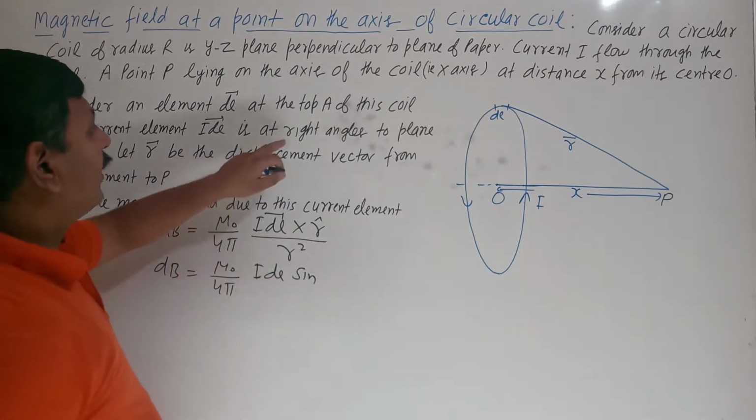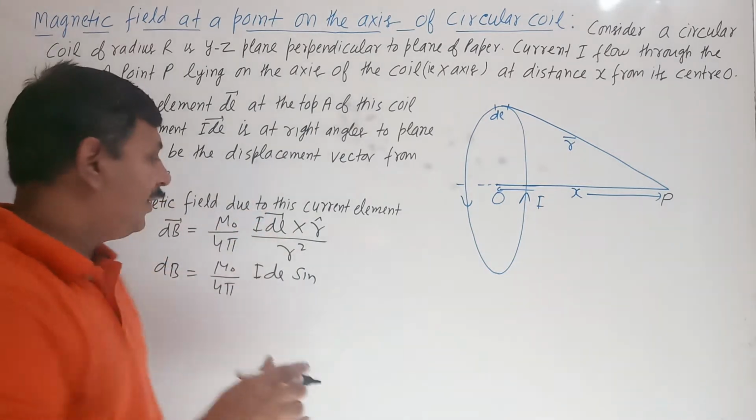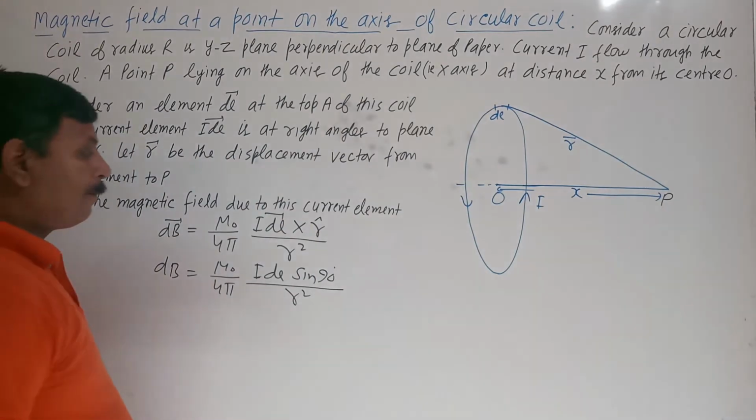Here the angle between r and dl is 90 degrees, so this will be sine 90 upon r squared.